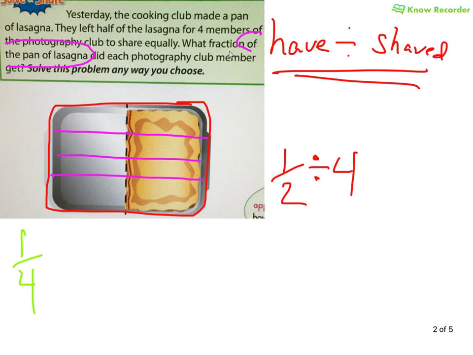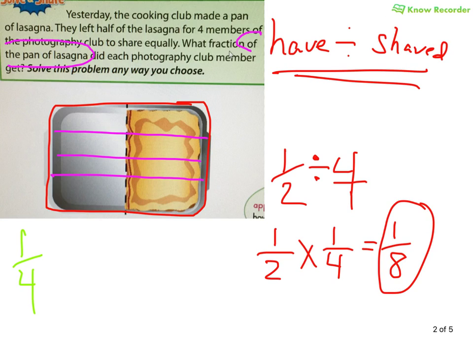So if I do the math, my 1/2 divided by 4. I take the inverse operation of division, make it multiplication, and I take the reciprocal of my fraction, so instead of 4 over 1, it's going to be 1/4. And if I multiply that across, each person got 1/8 of the lasagna from the original pan.